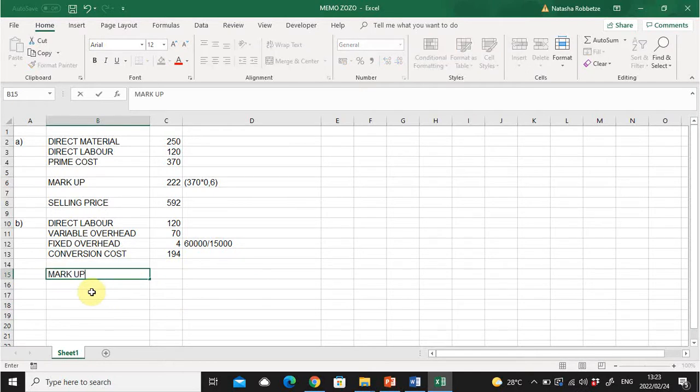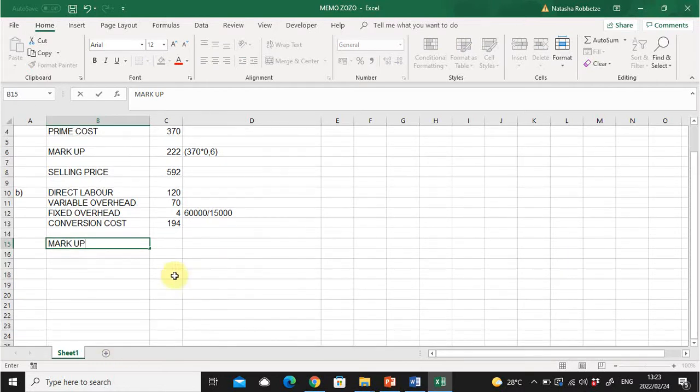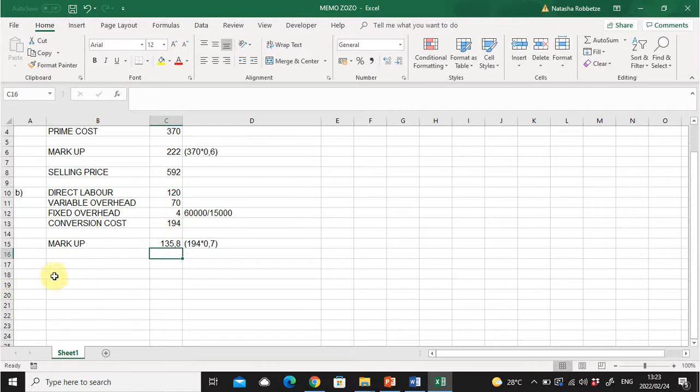So for the markup, we're going to say it's 194 times the 70%. And then I'm going to calculate my markup so that I can get to, of course, my selling price.